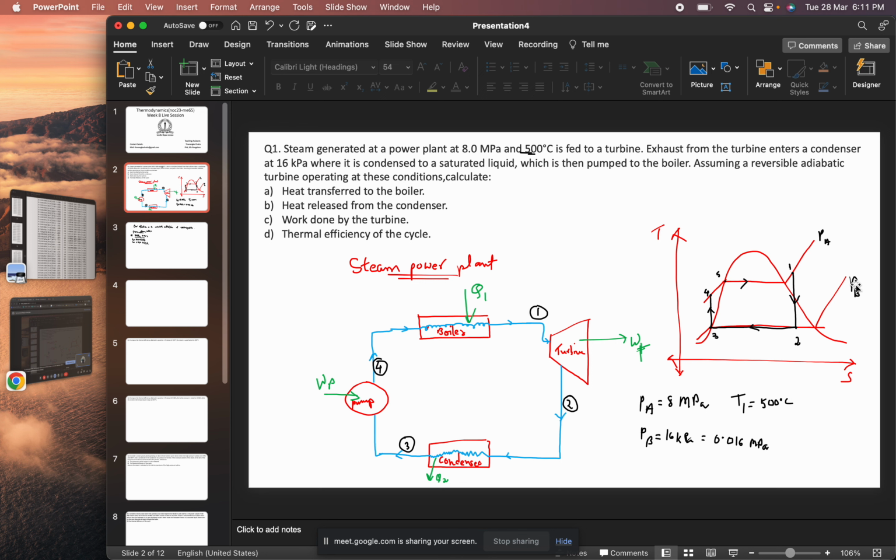At 0.016 megapascal, I got Vf equal to 0.0010471 meter cube per kg.